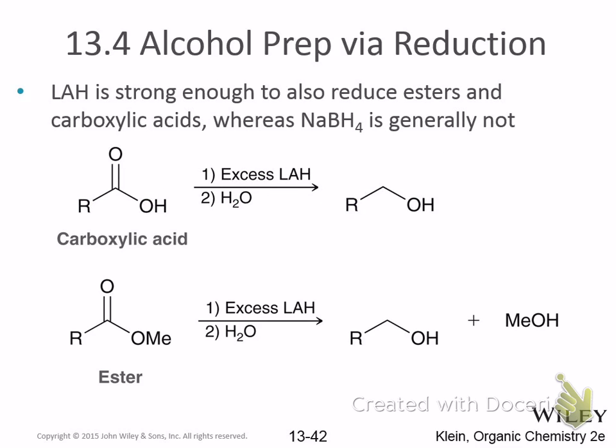Now, the other thing that lithium aluminum hydride is really good for is reducing carboxylic acids and esters, and a couple other functional groups, actually, to primary alcohols. So here, lithium aluminum hydride, first step, second step is water.